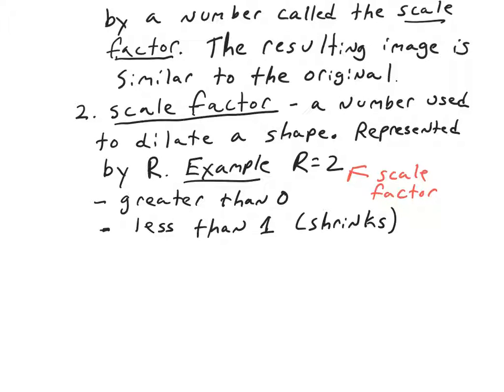So that makes it shrink. If it's greater than 1, it's going to get bigger, and that's called a stretch. And of course, if it's 1, it's not going to change at all.